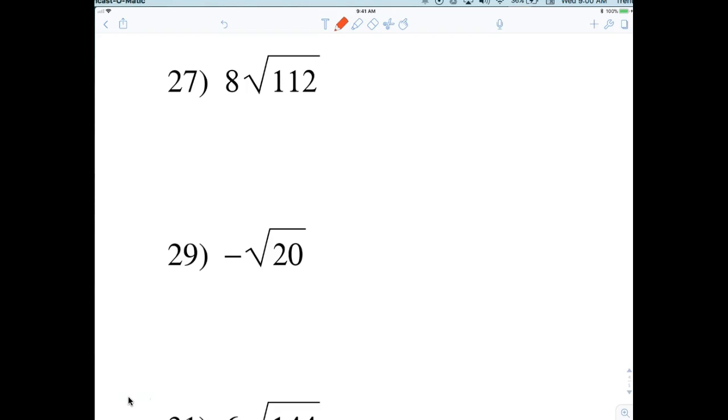All right, 112. 56 times 2, which doesn't help, but we can still break it down. And then 56 breaks down to, well, I don't like 8 and 7. Let's do 2 and 28. Now, why did I do 2 and 28? Because I knew the 2's would come out as a 2.